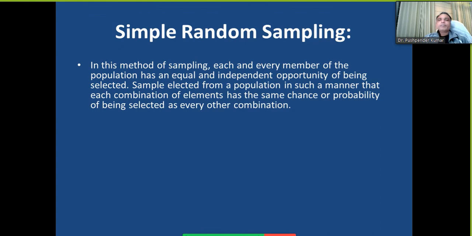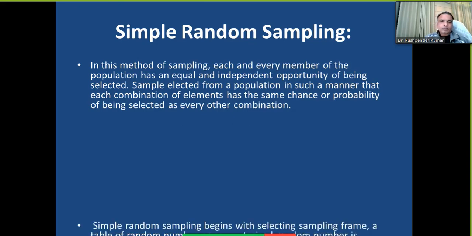So this is the beauty of simple random sampling, that everybody in the same population will have an equal chance to get selected. A sample is selected from a population in such a manner that each combination of elements has the same chance or probability of being selected as every other combination.